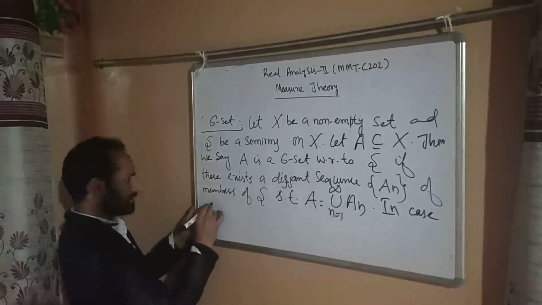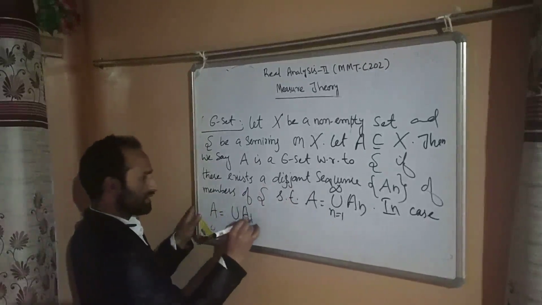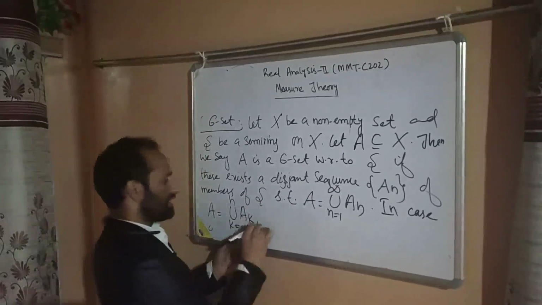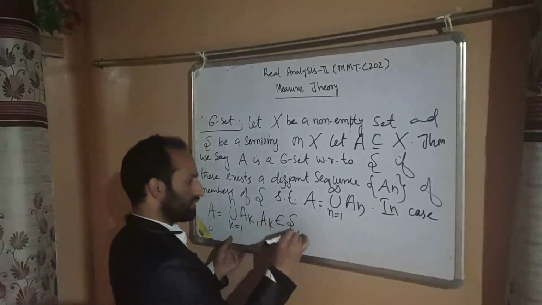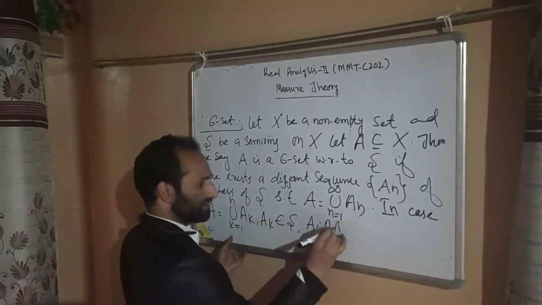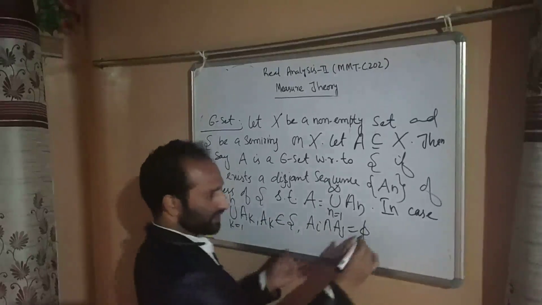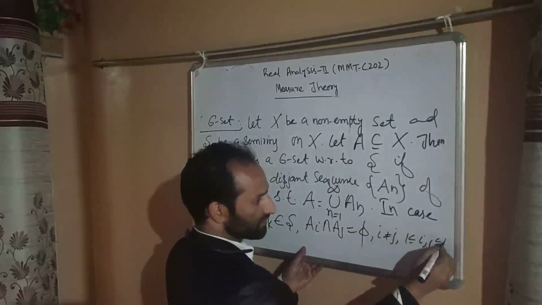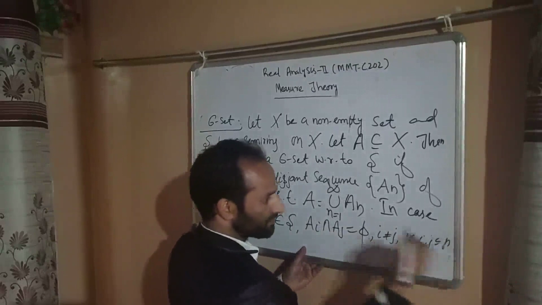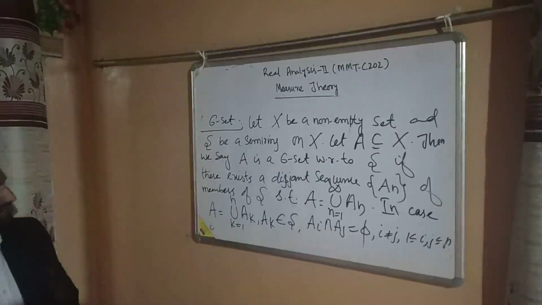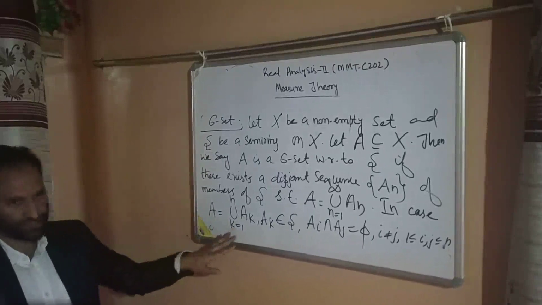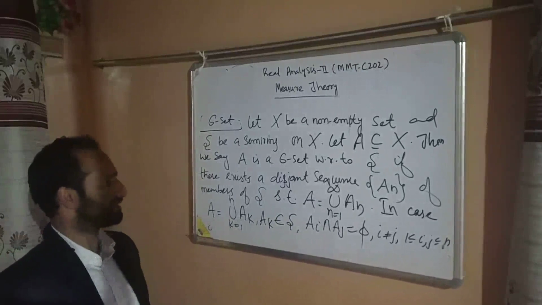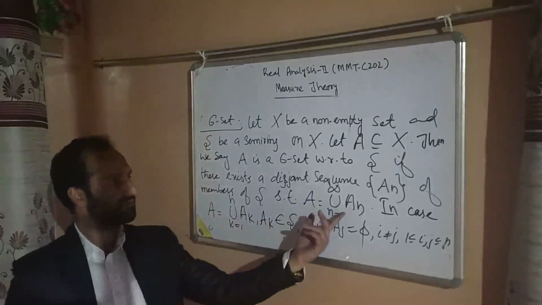So in case A is equal to the union of Ak, k running from 1 to n, where these Ak belong to S and are pairwise disjoint for i not equal to j, 1 less than or equal to i, j less than or equal to n, then we show that this A is also a sigma set. It's also a countable disjoint union of members of S.